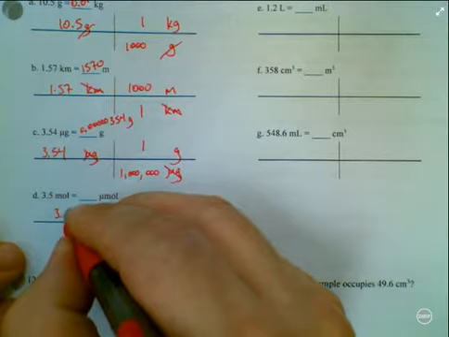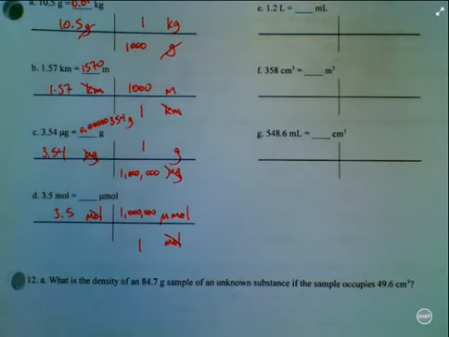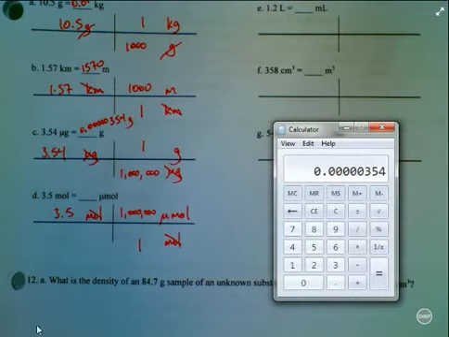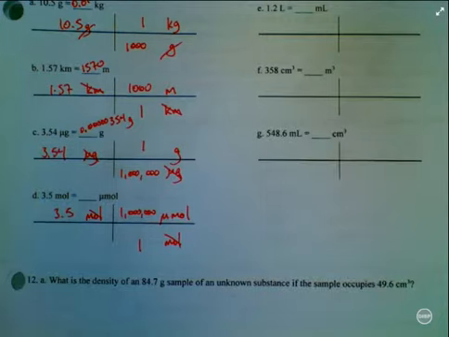I'm given 3.5 moles. Just like last time, this tells me to take my 3.5, multiply it by 1 million, and then divide by 1. So 3.5 times 1 with 6 zeros. Boom. It's a big number. So that's 5 zeros after the 35.